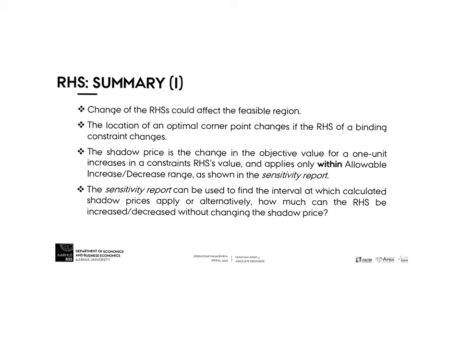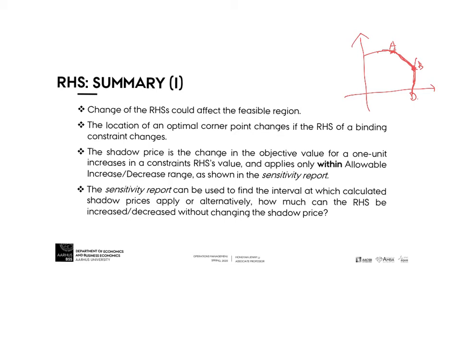We can sketch an example here. If you have a constraint with two main corner points, and your optimal solution is B, that means both constraint AB and constraint BD are binding constraints.